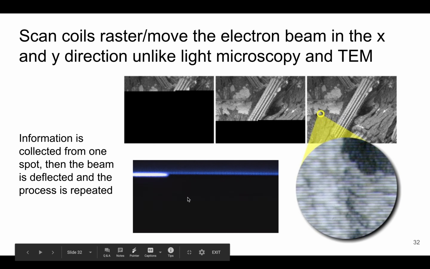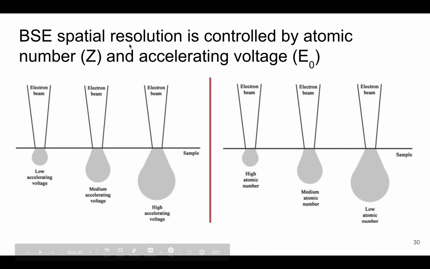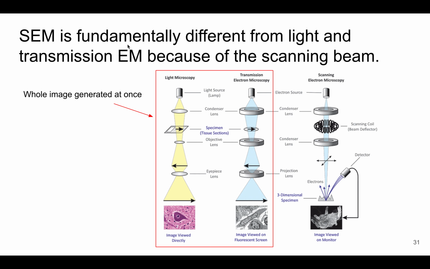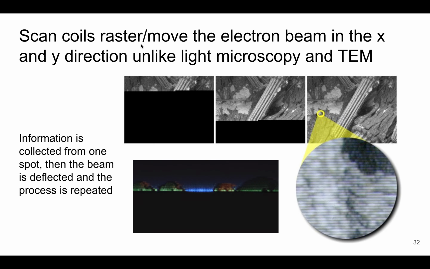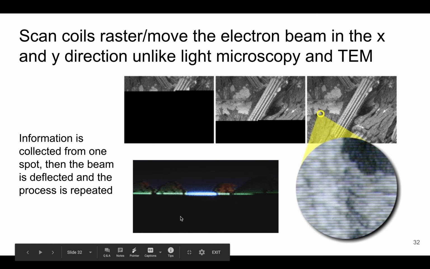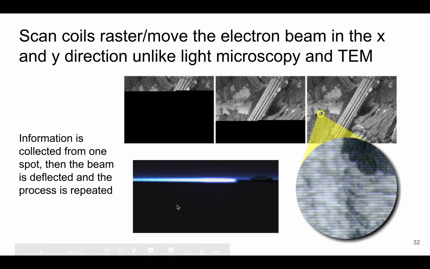So we basically deflect the beam and cause it to raster, or move, the beam in the XY position such that we get signal from each point, and then it moves to the next one. This is kind of a slowed down version of what you see. That's very similar to what you might have seen in old CRT displays.